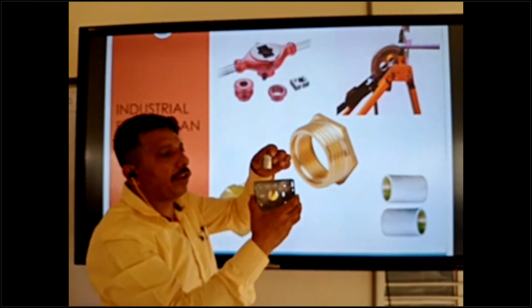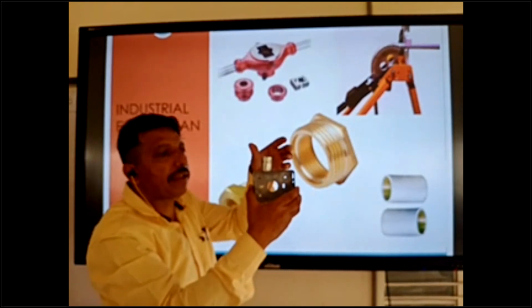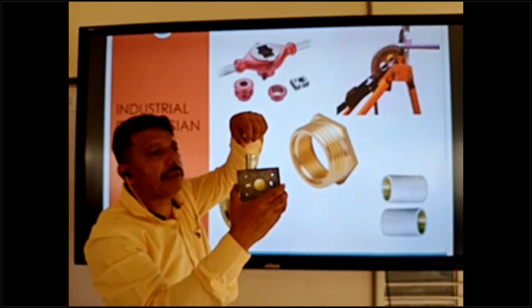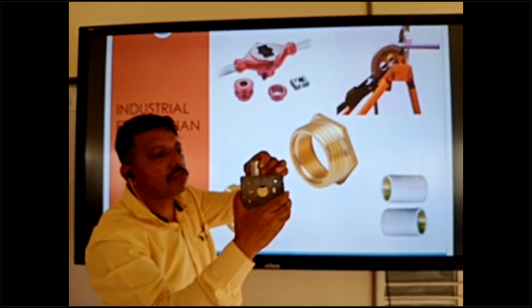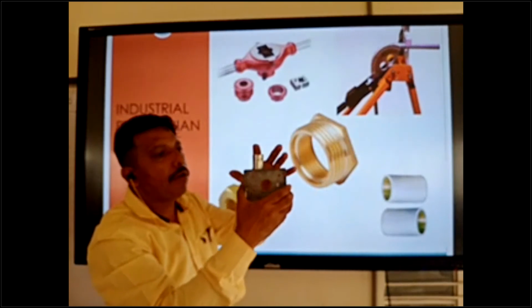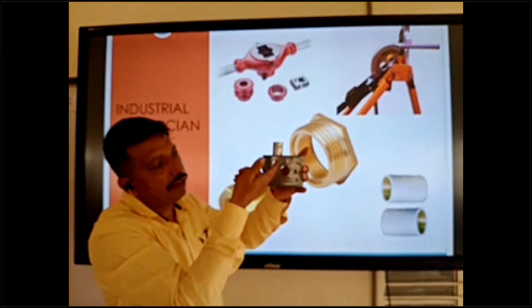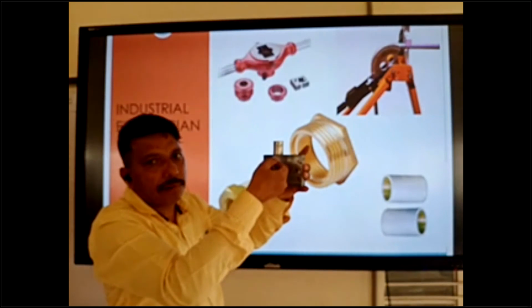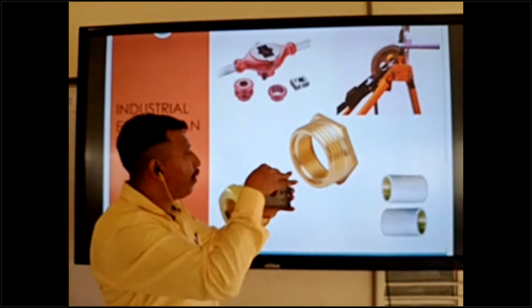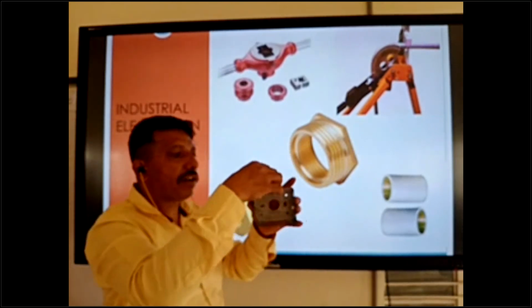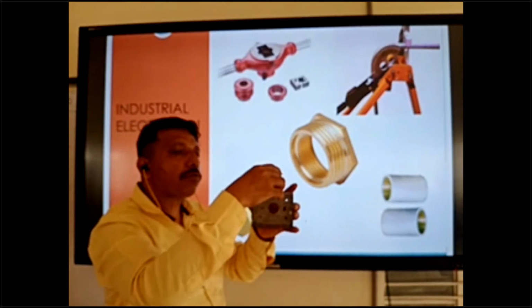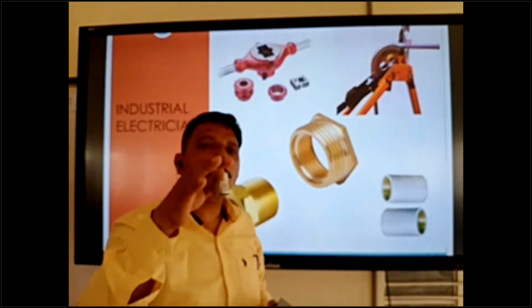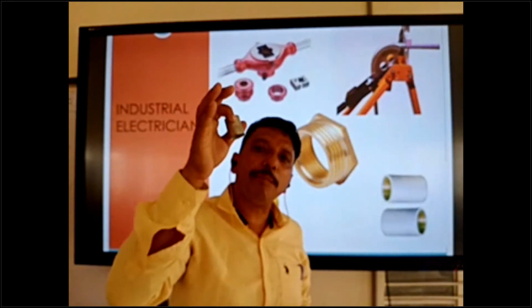That time we use a coupler here, offside, and the GI pipe is coming. This is a threading system, so the threading is already okay. Now we can use the male bush inside the pipe and tighten this male bush. This is the male bush, 25 mm male bush for 25 mm conduit, 20 mm male bush for 20 mm conduit.